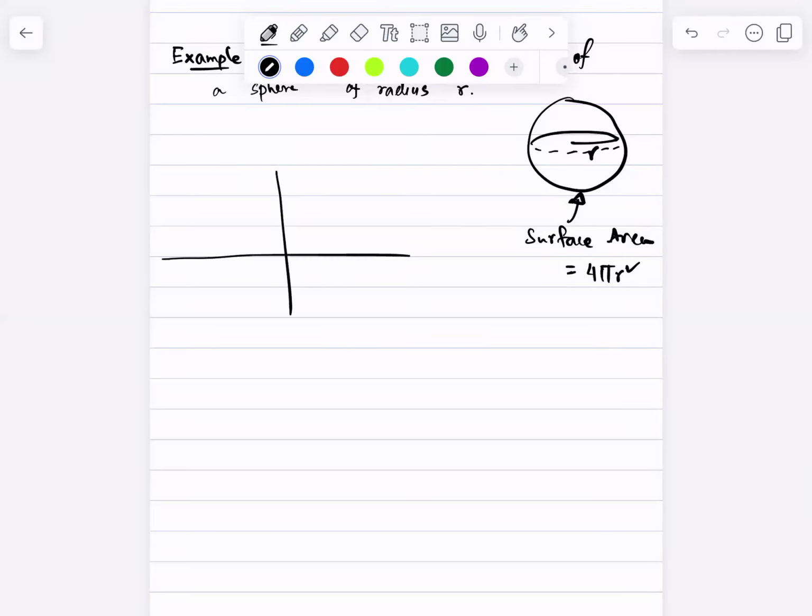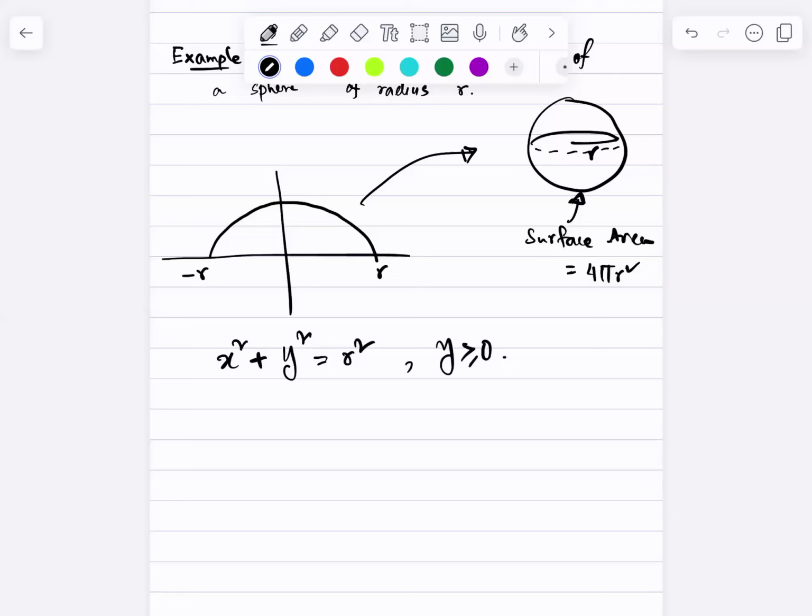So how can I generate this sphere with just a curve in 2 dimensions? If I take this half circle and rotate it around, say, the segment from minus r to r on the x-axis, then I'll get the sphere. But what is the equation of this half circle? x squared plus y squared is equal to r squared, but y is always bigger than or equal to 0, which means you are not considering the lower part where y can be negative.